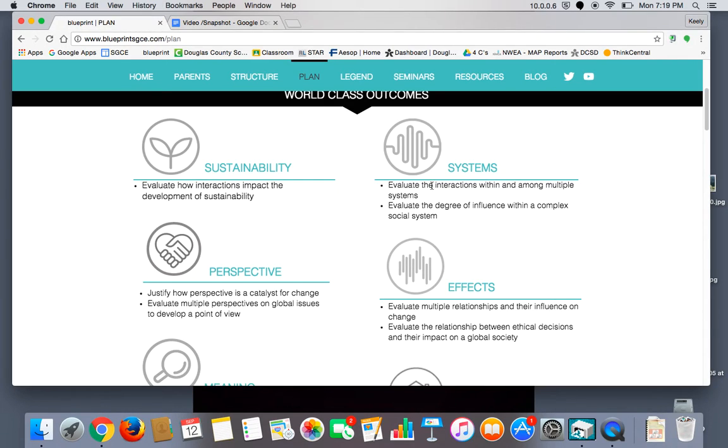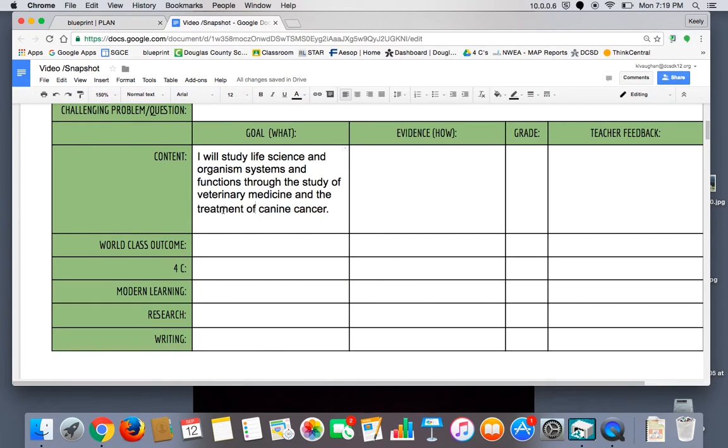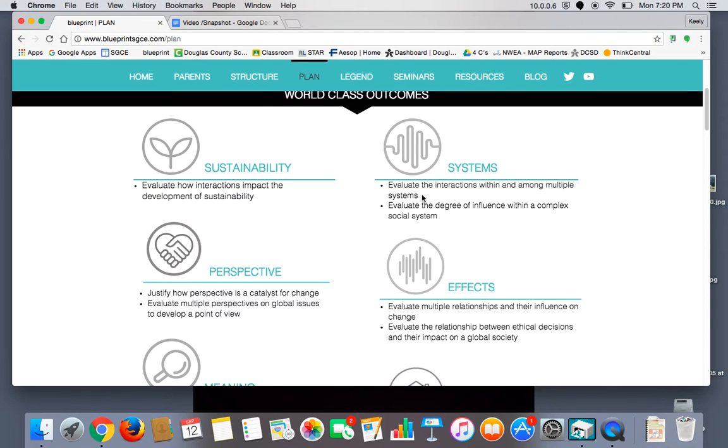So I'm looking at the interactions of medicine on the system of a dog, probably multiple systems of a dog. So it might affect different body systems through a dog, or organism systems like my content says. I'm looking at how those interactions affect how a canine functions, how a dog functions, how the treatment of that medicine might change the system of a dog.